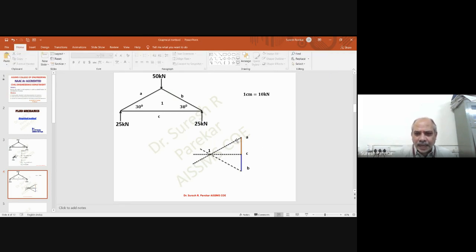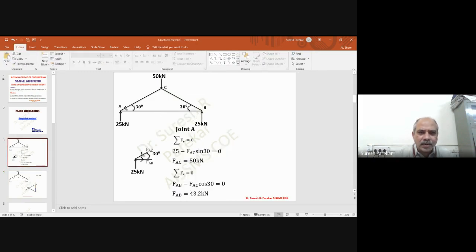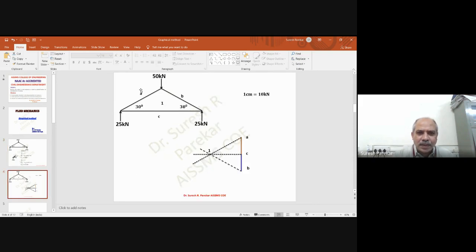And now with A1 we are going to get the force in this member. Which member is this? We are going to say AC. This member AC, here we have this member as A1. So I will measure A1. Now I will go to this, and then I will measure A1 over here. And then we have this A1.